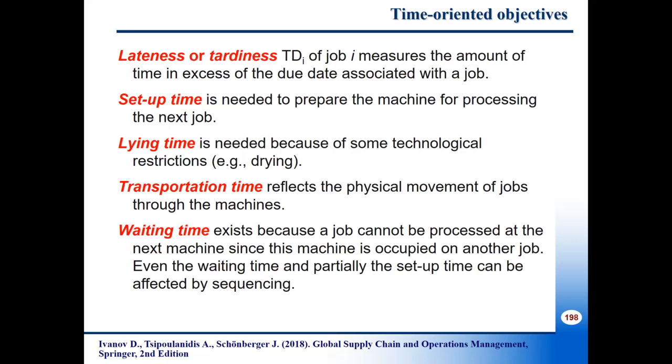Transportation time reflects the physical movement of jobs through the machines. And finally, waiting time exists because a job cannot be processed at the next machine since the machine is occupied with another job. Even the waiting time and partially the setup time can be affected by sequencing.